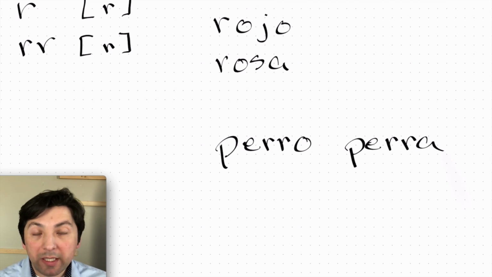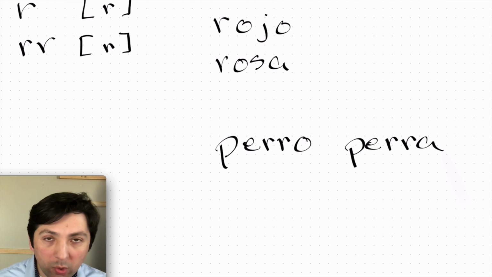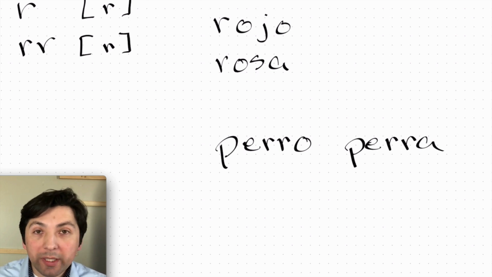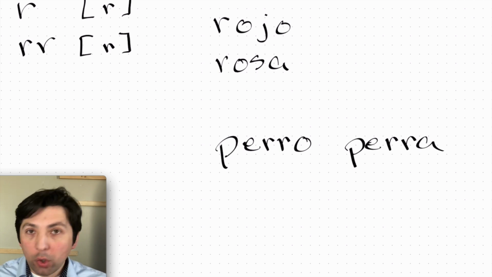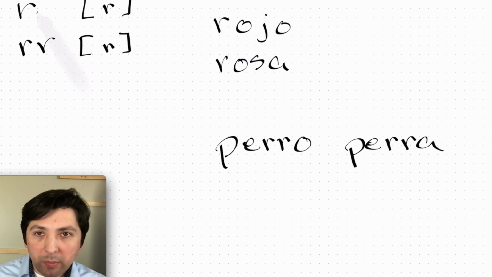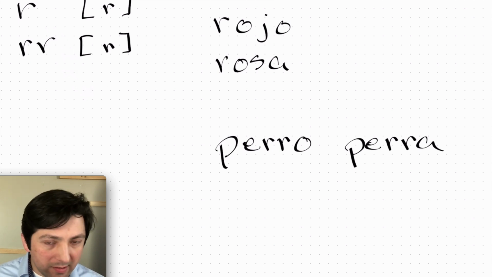It will never be in the beginning of a sentence, beginning of a word or at the end of the word as far as spelling norms. It will never be next to a consonant within a word. So it's only between vowels, whereas the single R can be in, well, any environment. But the difference is this.